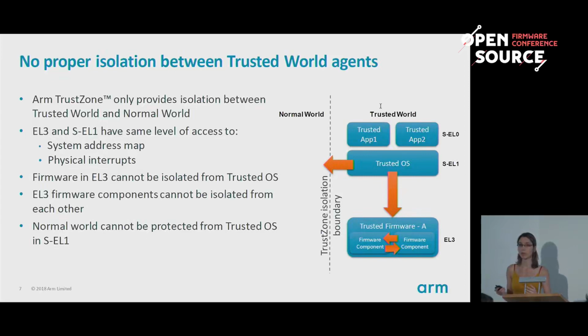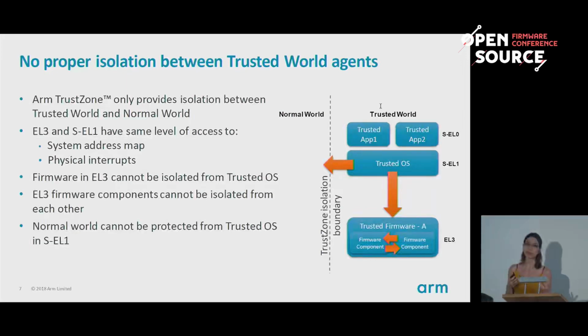In particular, here on this diagram, we see the trusted firmware A running at the highest privilege level in EL3. And the trusted OS is typically running at secure EL1. And there is no proper isolation between EL3 and secure EL1, between the firmware and the trusted OS.